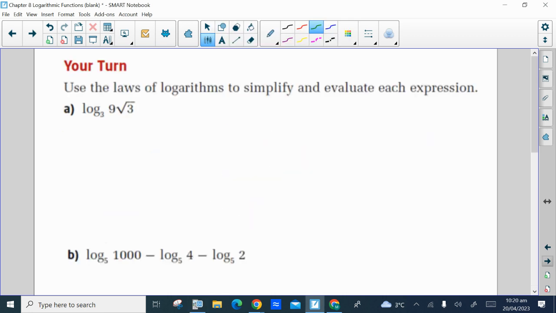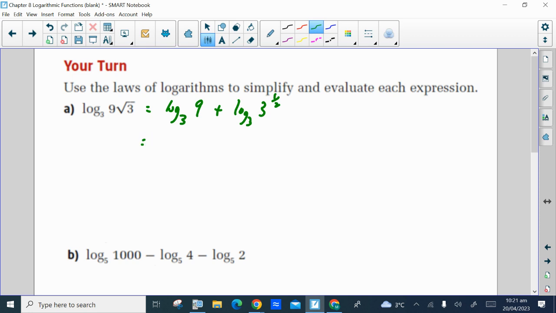So we'll do much the same for these next ones. Use the laws of logarithms to simplify and evaluate each expression. So this is an example of where we would expand. Log base 3 of 9, and because the 9 and the root 3 are multiplied together, that's our product law. It'll be plus log base 3 of 3 to the 1/2, because that's what square root means, power a half.